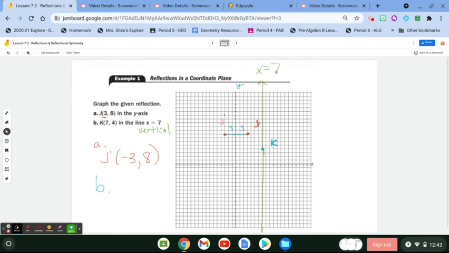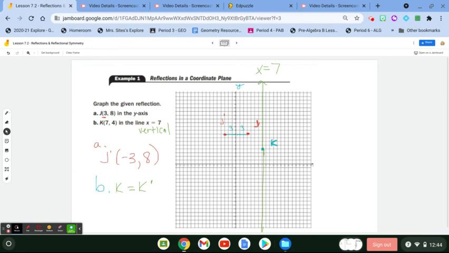Okay. And again, what we're trying to do right now is graph the reflection. So this is going back to that rule that I was just talking about. Because our point is actually on the line that we need to reflect it over, we would say that K is equal to K prime.